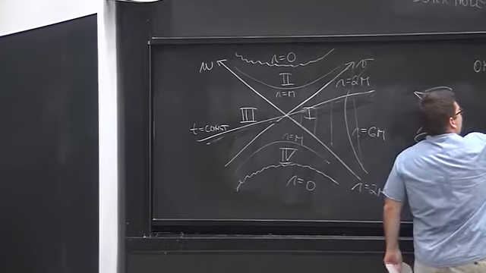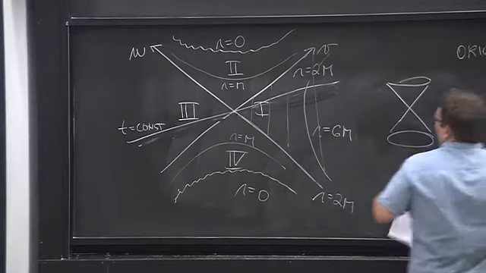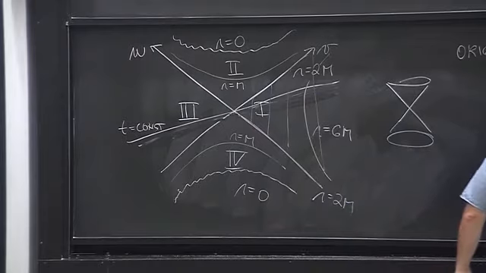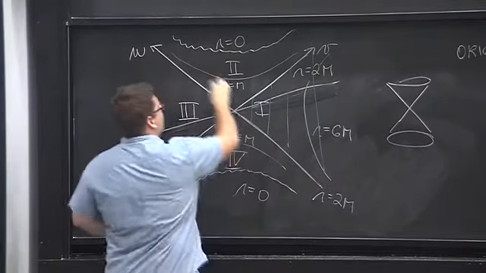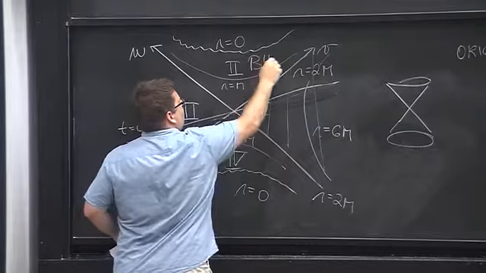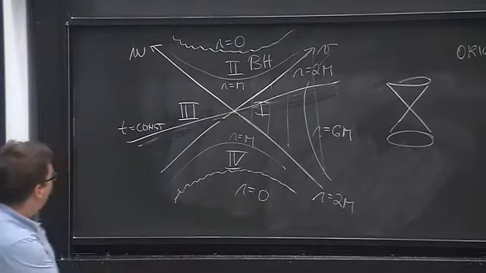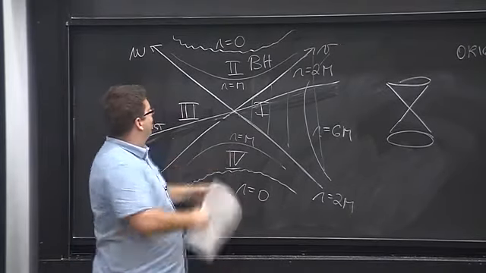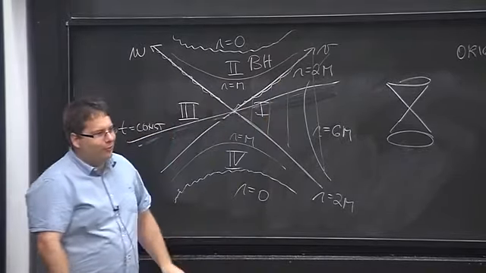So region 2 up here is called the black hole region. So this thing is called black hole. And in that sense, R equal to 2m, which is this line here and that line here, is a boundary of the black hole.